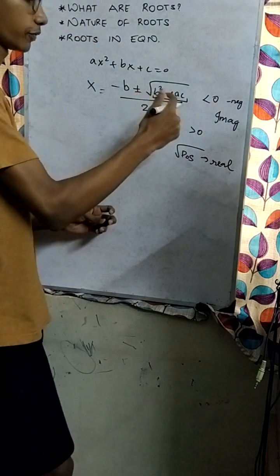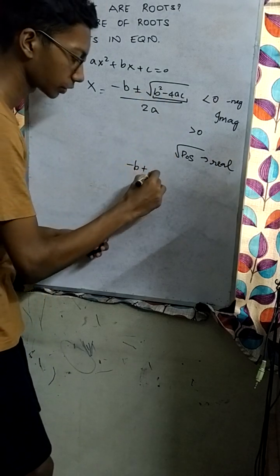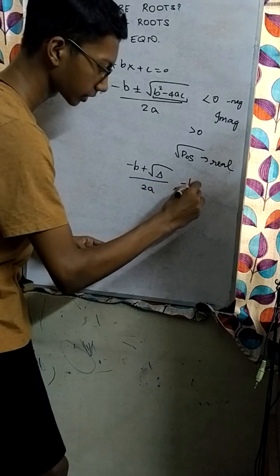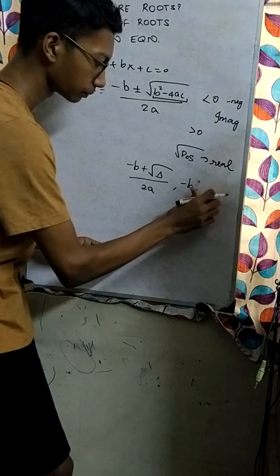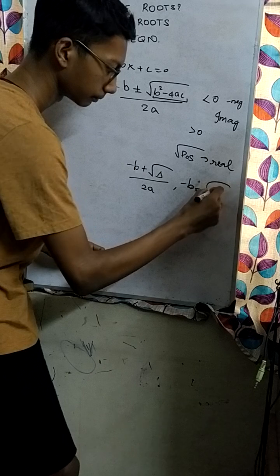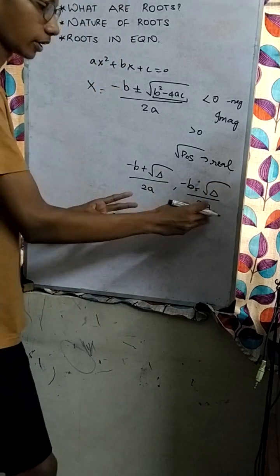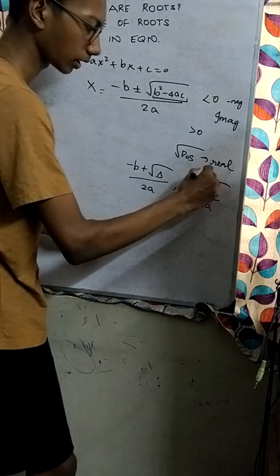So we will have two different roots, that is minus b plus the determinant by 2a and minus b minus the determinant by 2a. So we will get two roots, but they are different, they are not equal, so they are unequal.